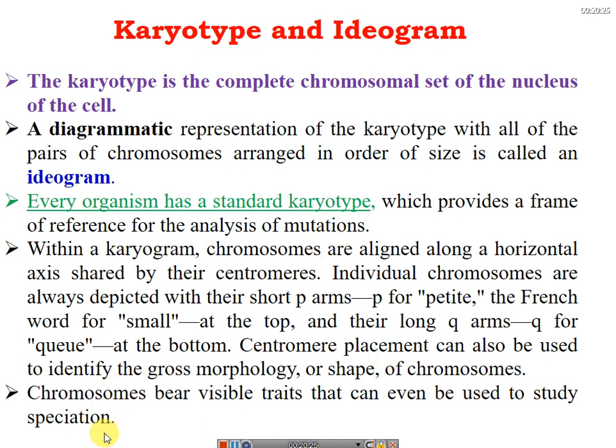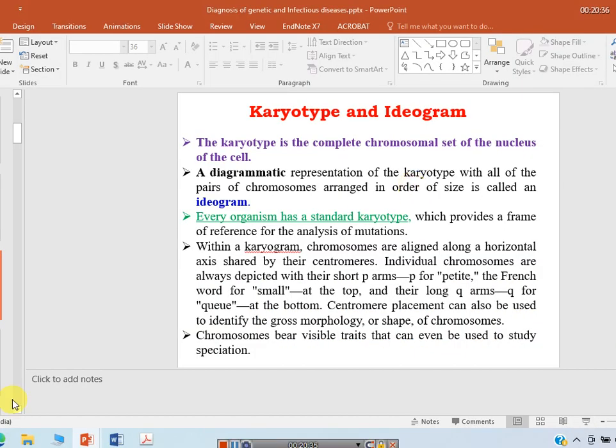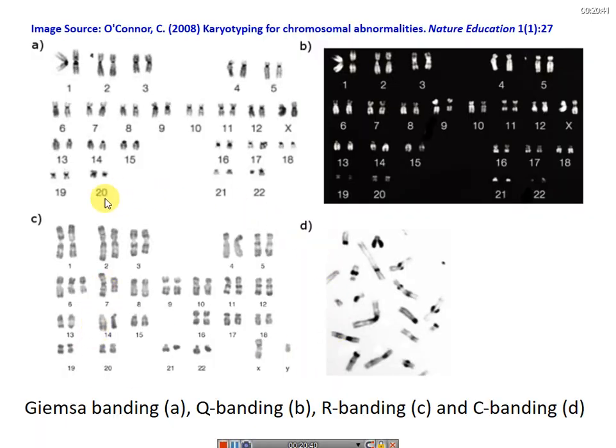Okay, within a karyogram chromosomes are aligned along a horizontal axis. Like here, I will just show you one image. In this image you can see a karyotype where chromosomes are arranged as they were clicked under the microscope, right?